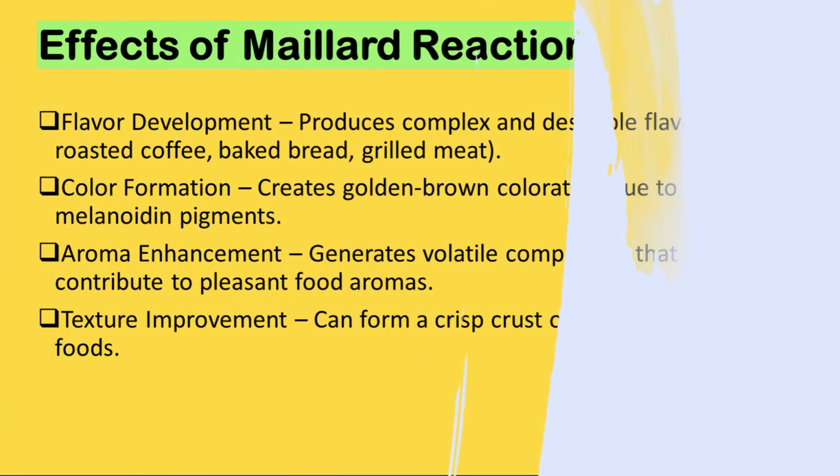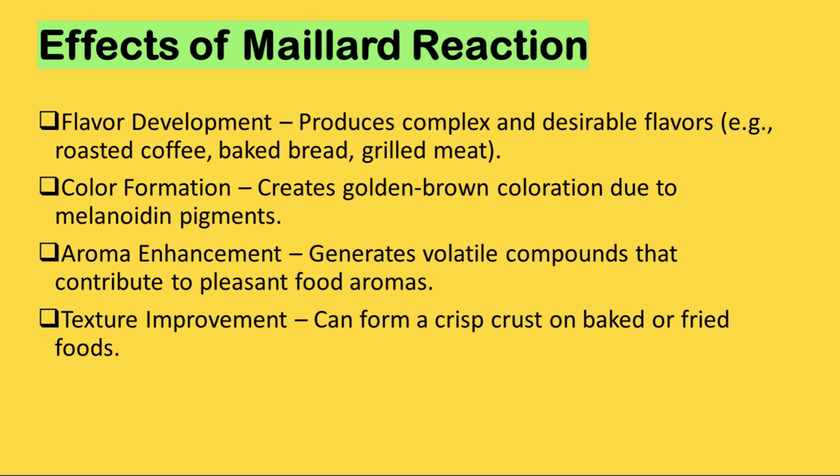The Maillard reaction doesn't just change food chemically, it also transforms how we experience it. First, it's key for flavor development. This reaction produces those complex, desirable flavors we love in roasted coffee, freshly baked bread, or grilled meat. Second, it's responsible for color formation. The golden brown color you see on toast or baked goods comes from pigments called melanoidins.